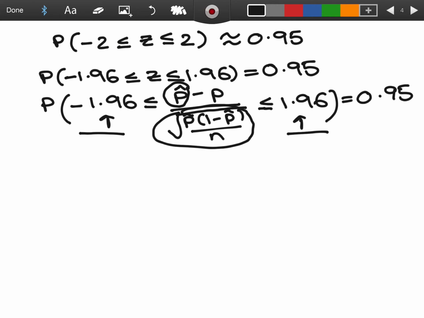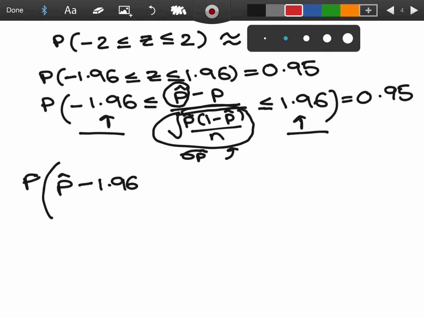When you go ahead and figure this out, you should get P hat minus 1.96 times this standard deviation of the sample proportions. I'm going to shorthand that whole thing right now just so I have enough space.